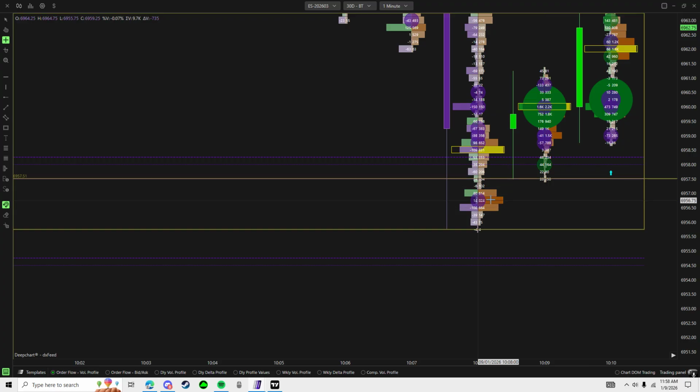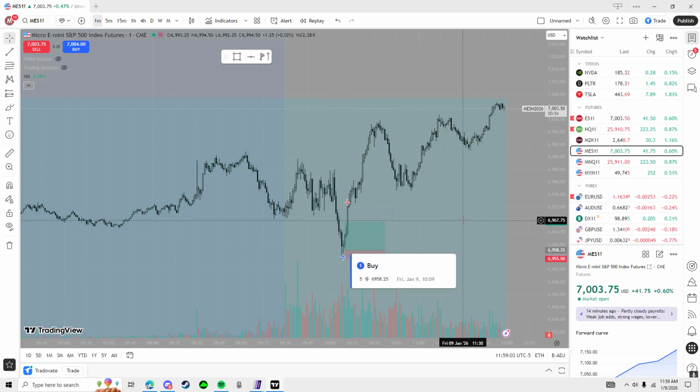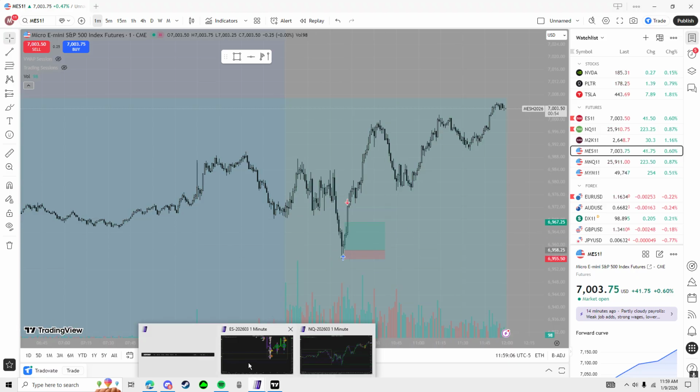We had an aggressive seller, a big seller, come in and fail to put price lower. We started moving higher, so I quickly went on my funded. On my TradingView, I entered 5 contracts. Originally, I wanted to get 8 contracts on this position.